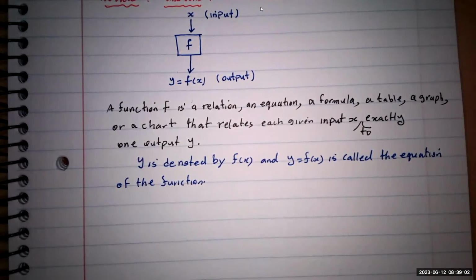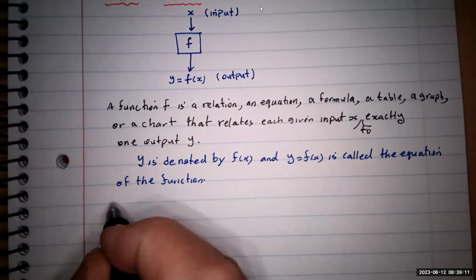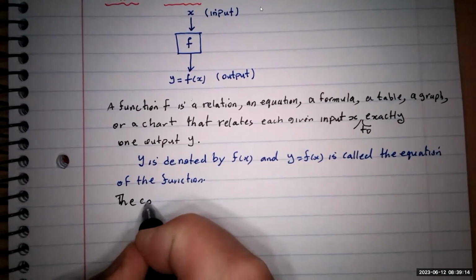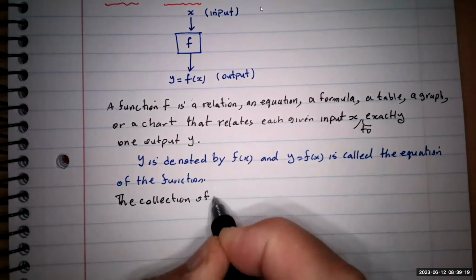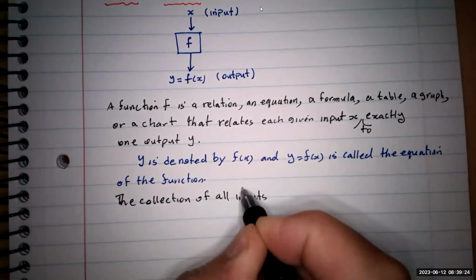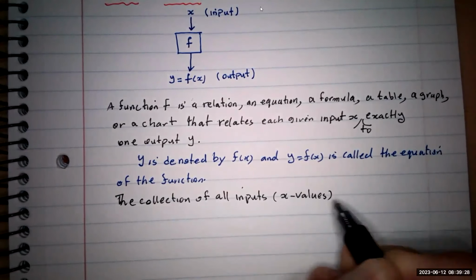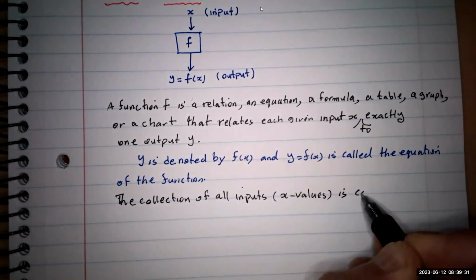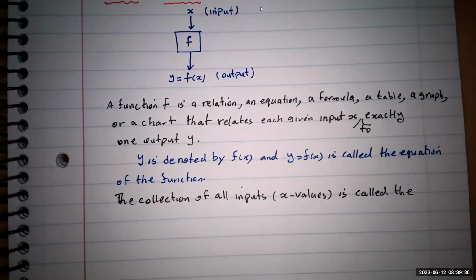Now the collection of all these x's that go through the machine is going to be called the domain of the function. The collection of all outputs that we get, we're going to call the range of the function. So the collection of all inputs, or x values, is called the domain. That's a very important part.